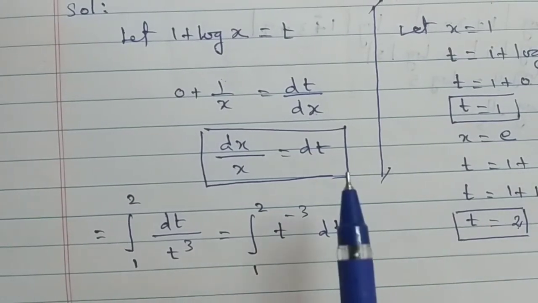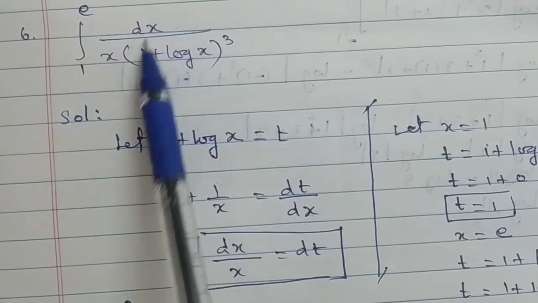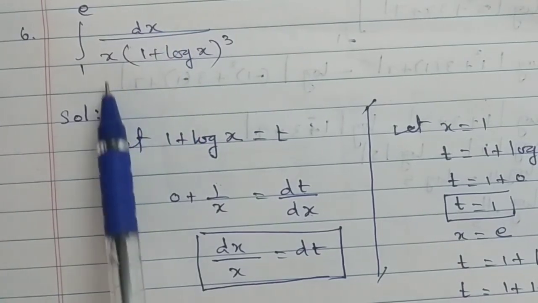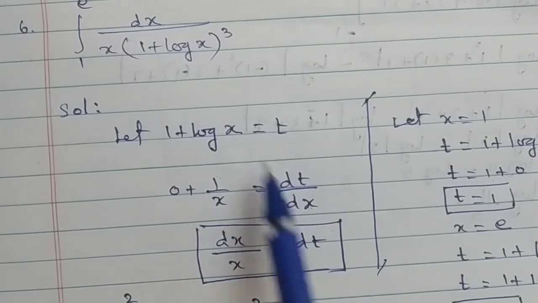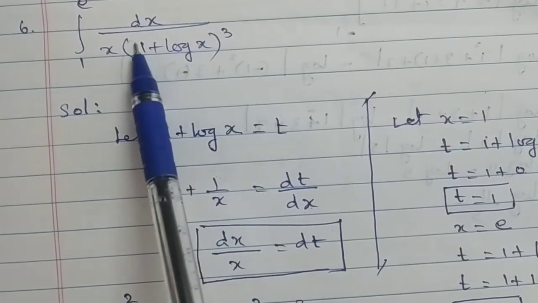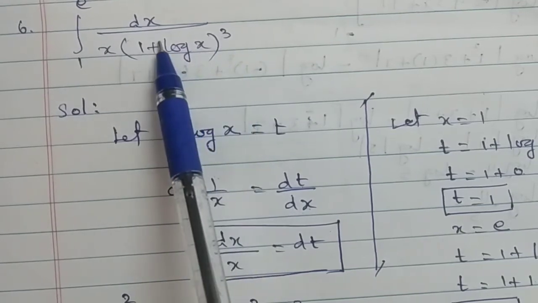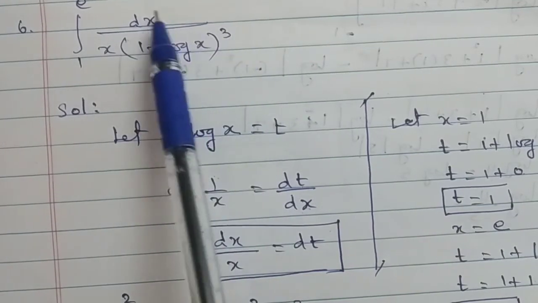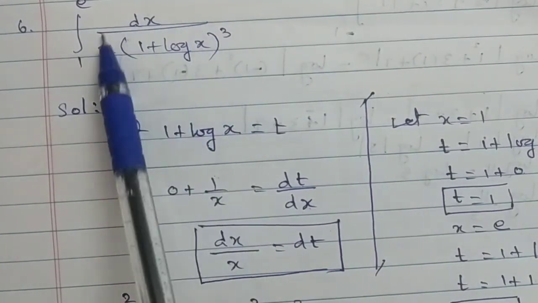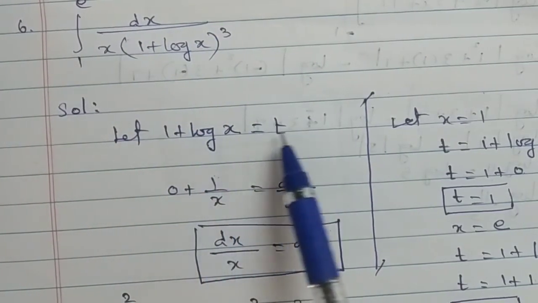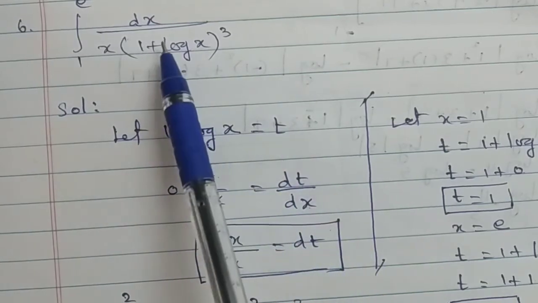Next one. So what is given here? dx divided by x is dt, and this term we are choosing as t, so t cube. Substitute: 1 plus log x equal to t and dx by x equal to dt in this given question.